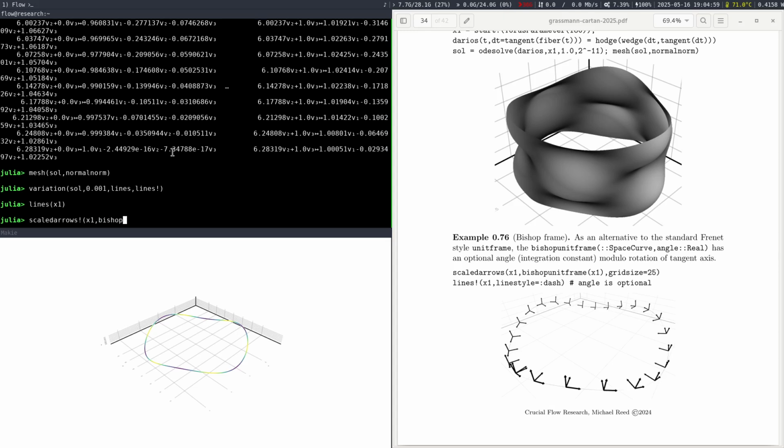So the Bishop frame example, as an alternative to the standard Frenet style unit frame, the Bishop unit frame takes a space curve and an angle as an argument. So it has an optional angle as an integration constant, modular rotation of the tangent axis. What is going on?